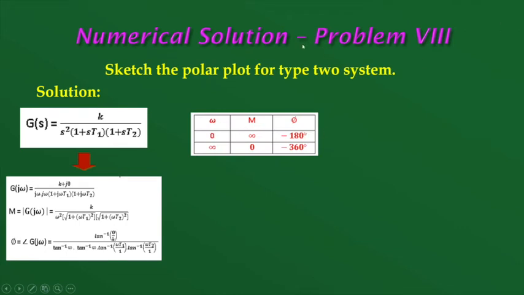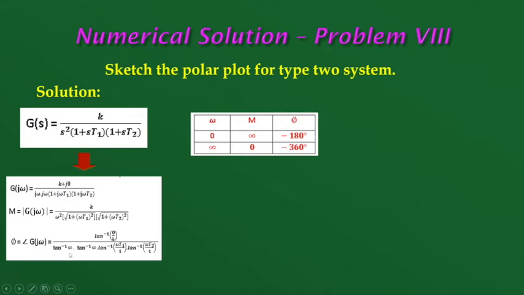Then taking this table, when omega equal to 0, the magnitude is infinity. When omega equal to infinity, the magnitude is 0. Similarly, when omega equal to 0, what is the phase angle? This is 0, that means this angle and this angle are also 0. We get minus 90, minus 180.